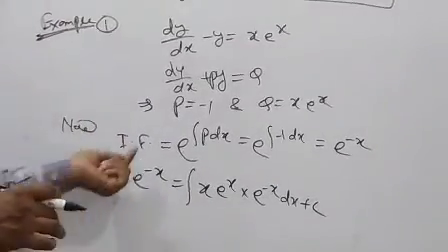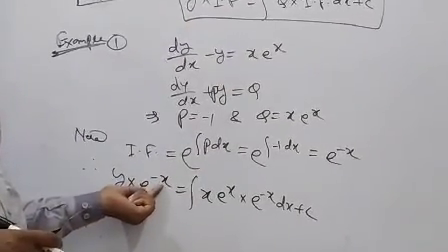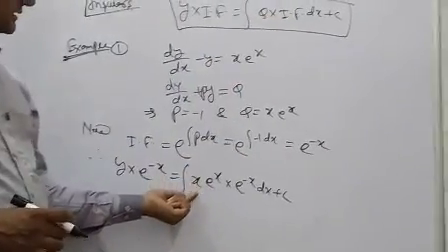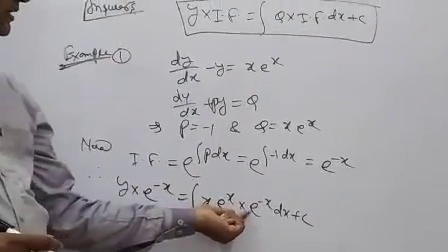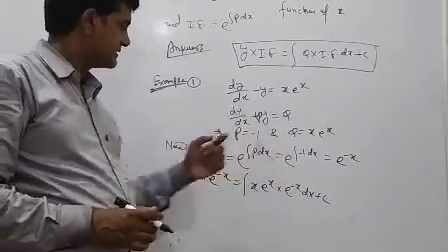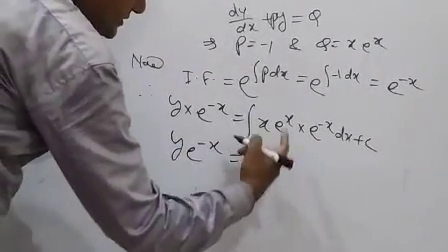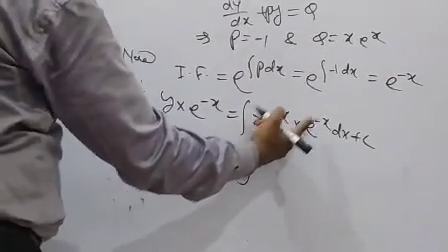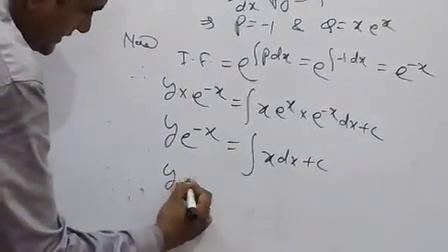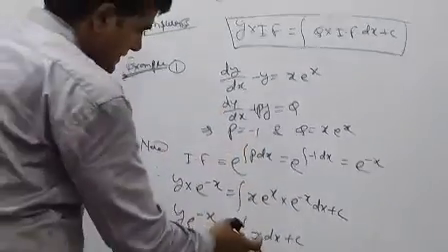Once more, y into integrating factor, that is y into e power minus x, is equal to integration of q into IF, means x into e power x into e power minus x. E power minus x is the value of the integrating factor. Now here y into e power minus x is equal to x, because e power x into e power minus x cancel, dx plus c. Now what is the integration of x?